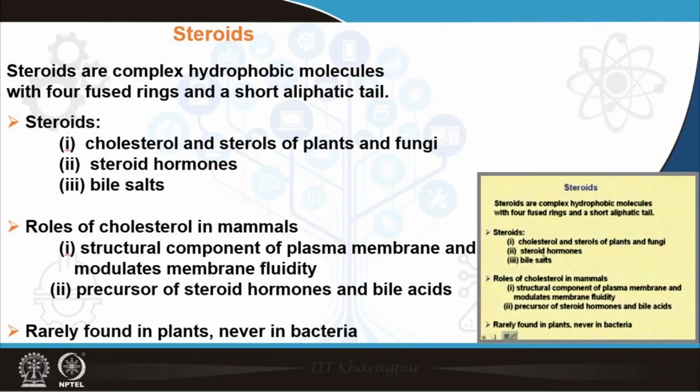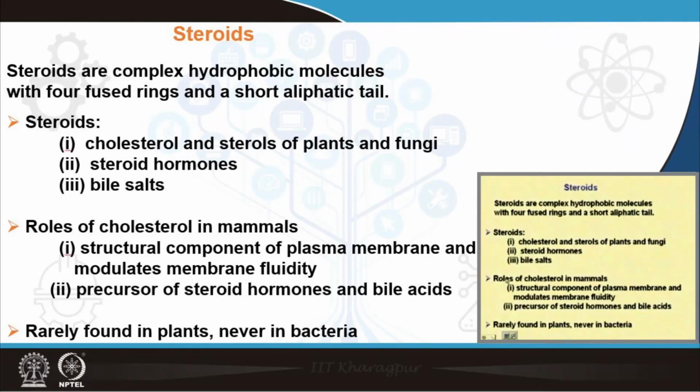We have steroid hormones and bile salts. The bile salts that help in our digestion are all derivatives of cholesterol, which is why you have probably heard of gallstones. A lot of gallstones are made of cholesterol and a combination of these bile salts and cholesterol.